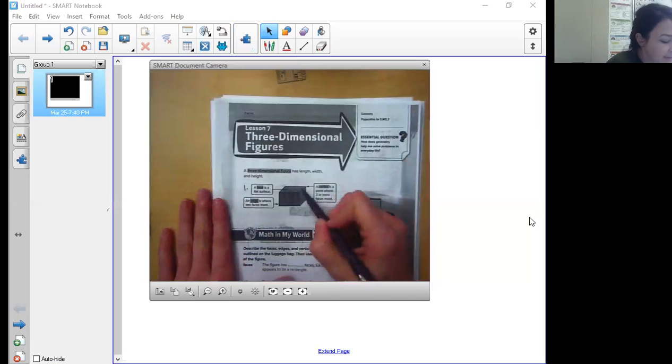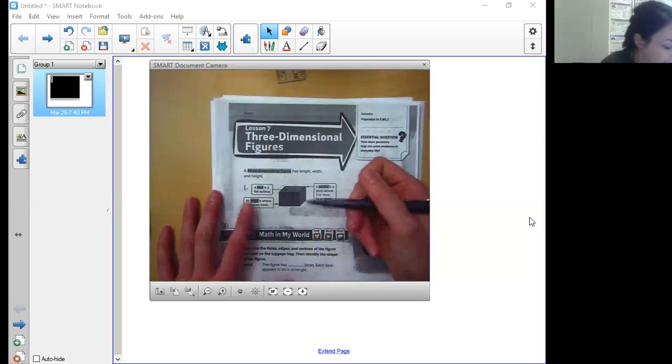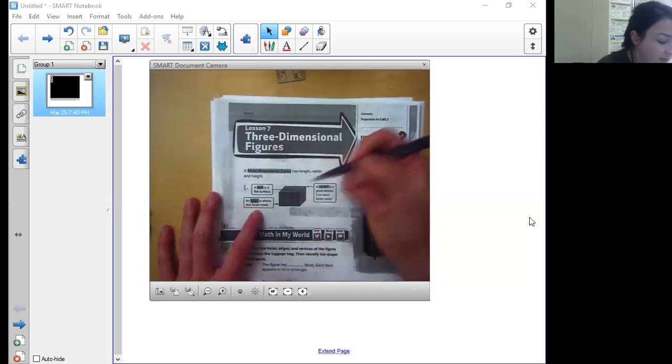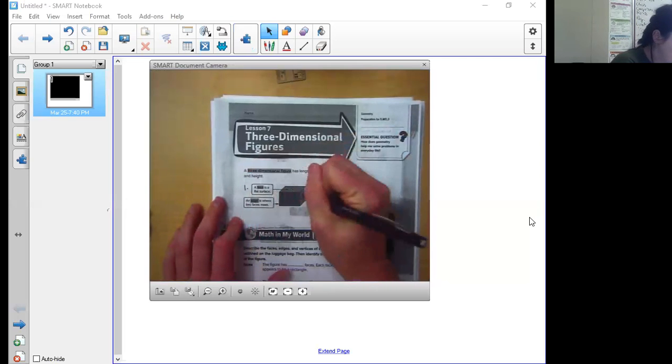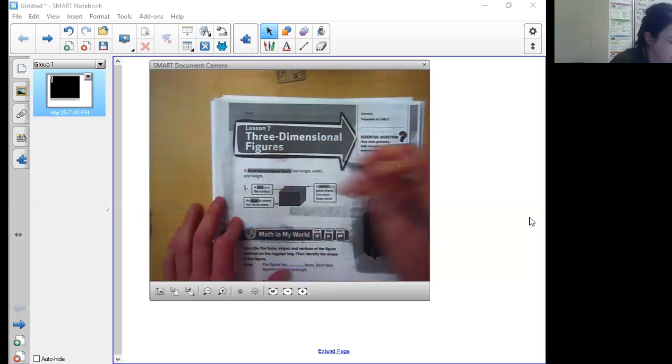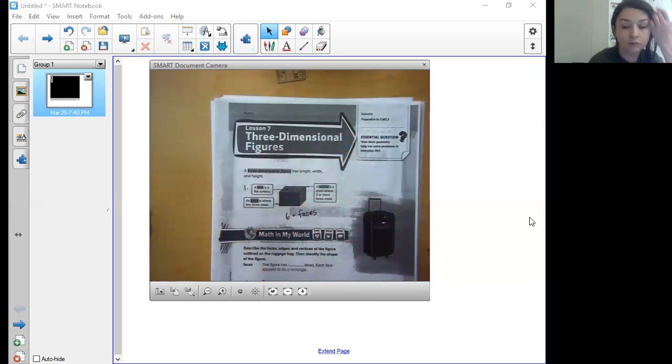So this is the face of this cube, right? I might argue that it's a rectangular prism, but I'm going to say that this is its face. How many faces does a cube have? A cube has 1, 2, 3, 4, 5, and the bottom makes 6. So there are 6 faces on this rectangular prism.